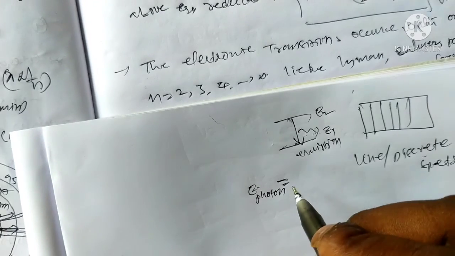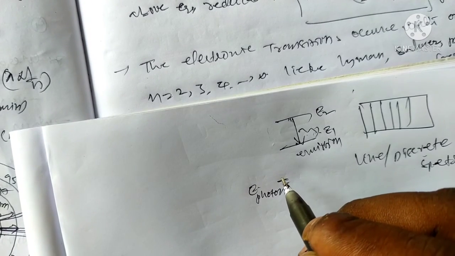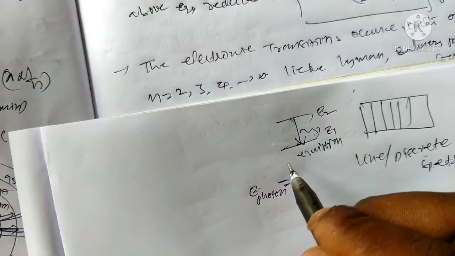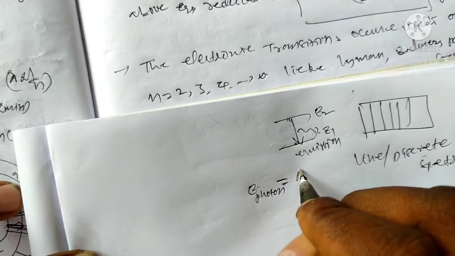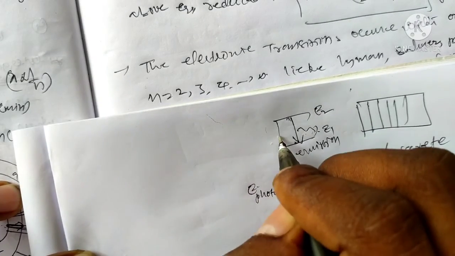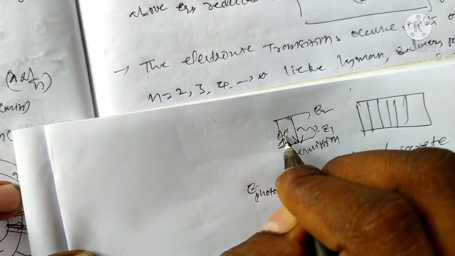It is the photon energy. This is the same expression as in the Bohr atomic model, and the line spectrum has the same explanation. From higher to lower, the energy is delta E, the energy difference.